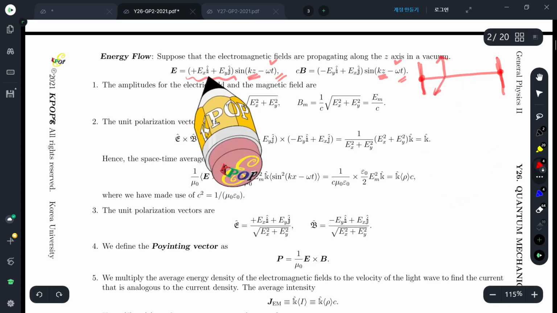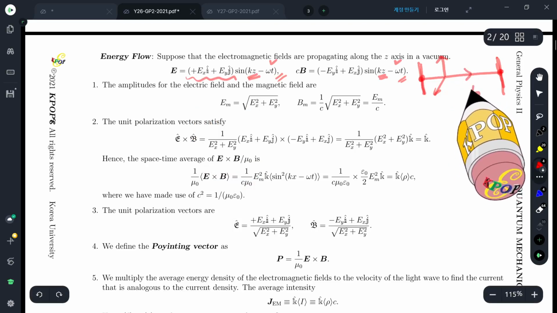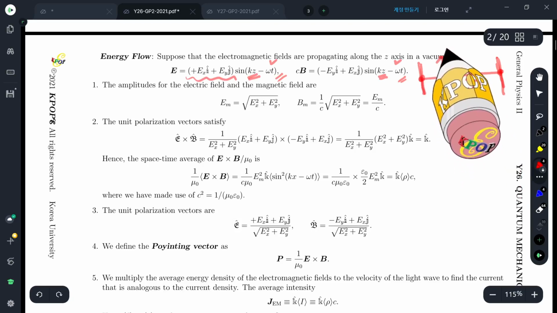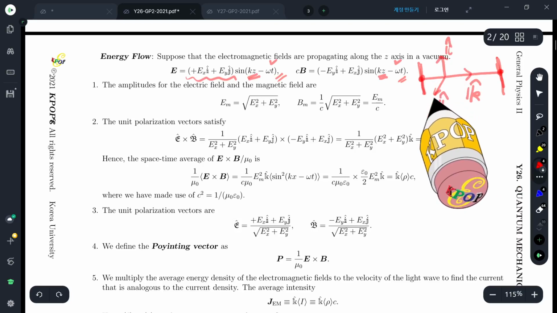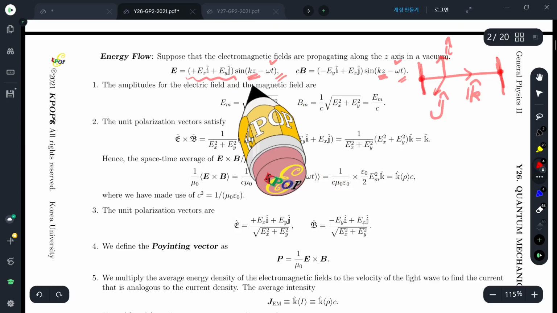To consider the electric field, there are two polarizations that are perpendicular to the k hat direction. So there is an i hat and j hat. We notice that the magnitude of the magnetic field is completely determined.